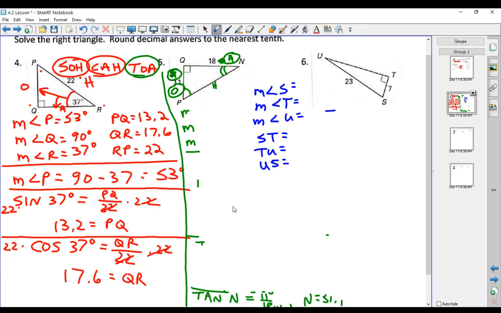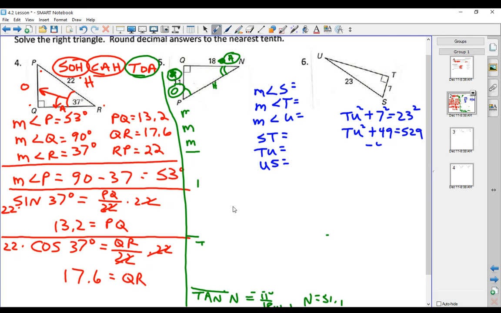So we've got TU squared plus 7 squared equals 23 squared. All right, 7 squared is 49, and 23 squared is 529.